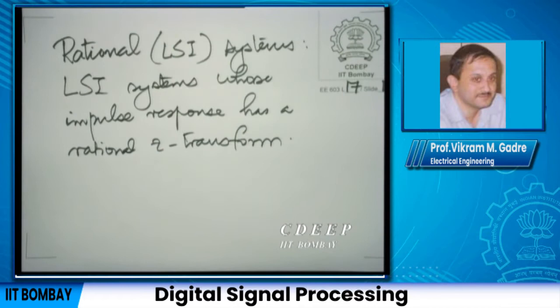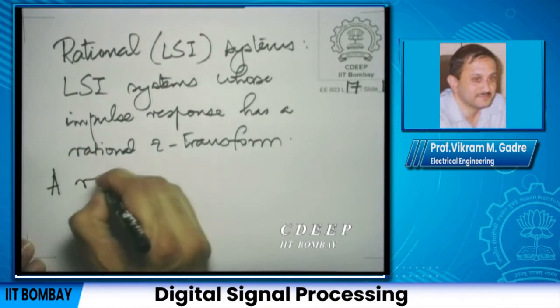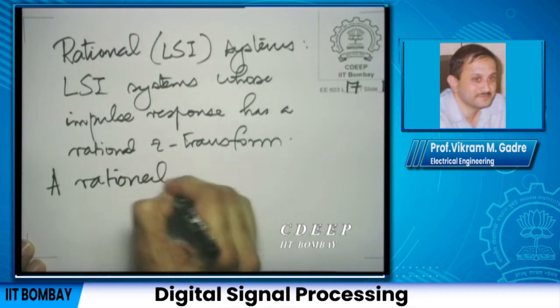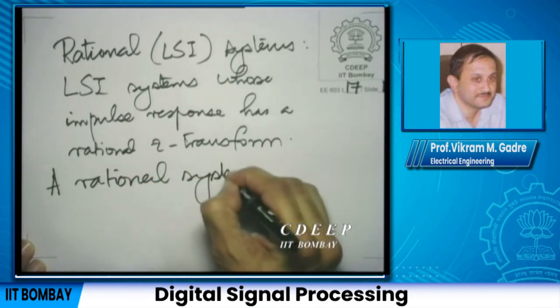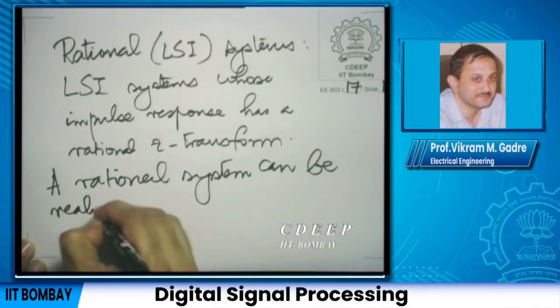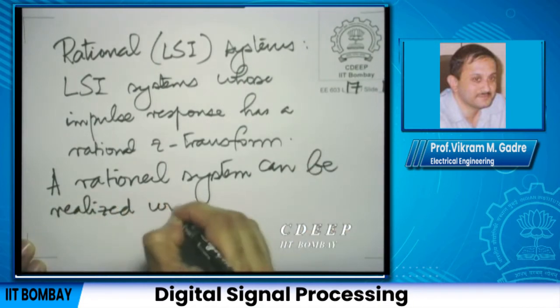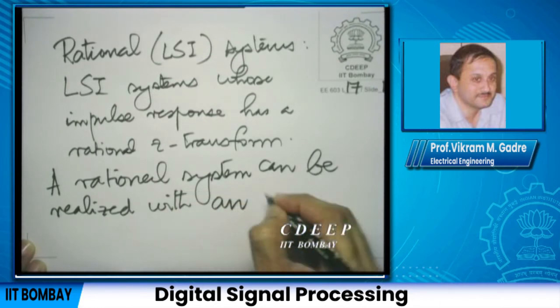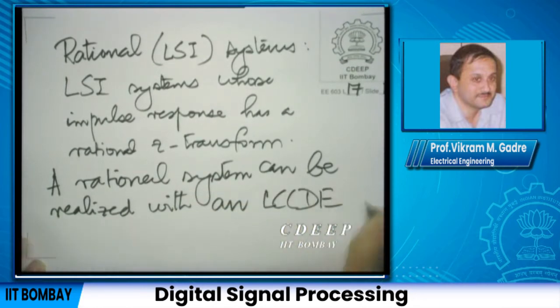Incidentally, we also talked about the importance of rationality from the point of view of being able to convert a system into a realization. We saw last time that a rational system can be realized with an LCCDE, a linear constant coefficient difference equation.